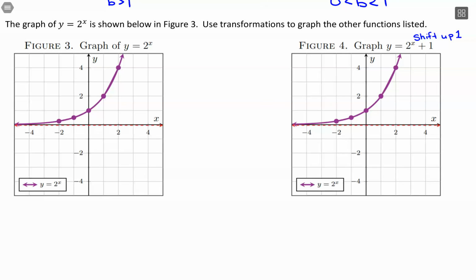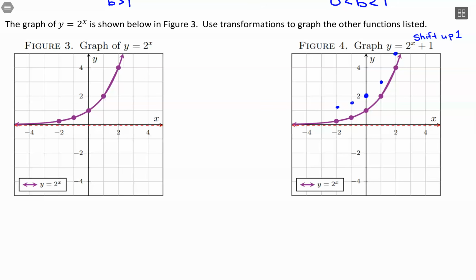What we can do is pick up each of those points. Where I had (0, 1), I'm going to bump that up to (0, 2). Where I had (1, 2), now I'll be (1, 3). Just moving each of those points up by 1 will give us that graph. It's with these vertical shifts, shifting up and down, that our asymptote will move.